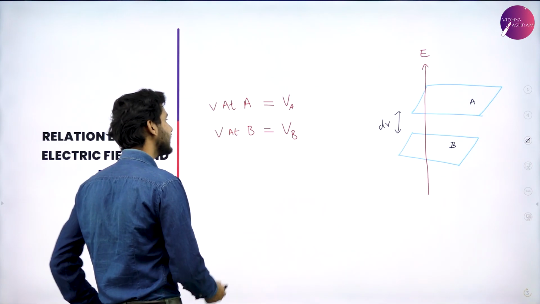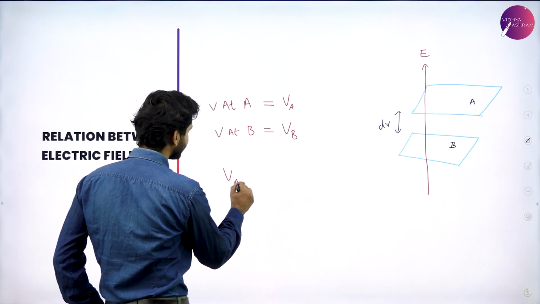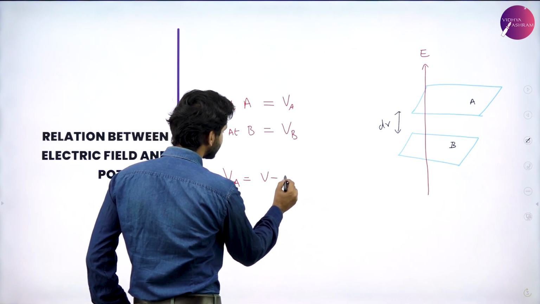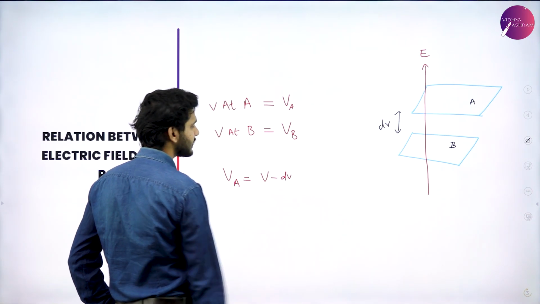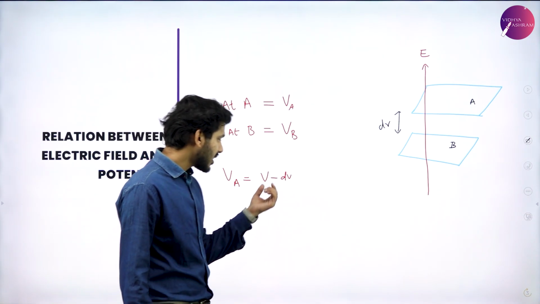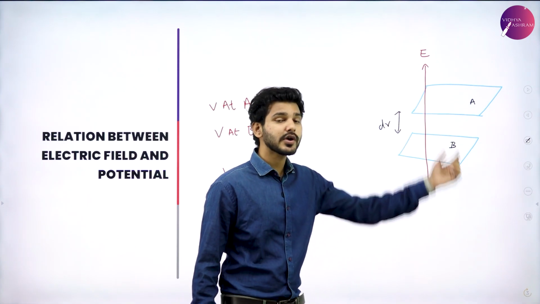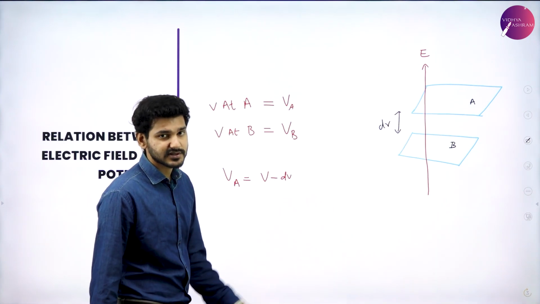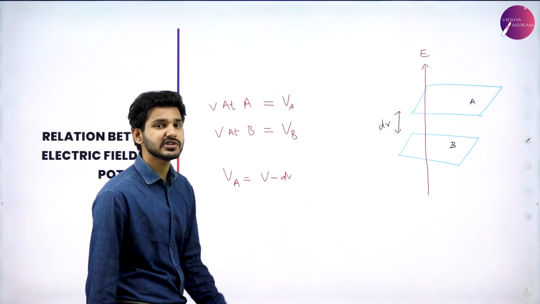So we can effectively write VA as V minus dV, where dV is a small amount of potential difference.